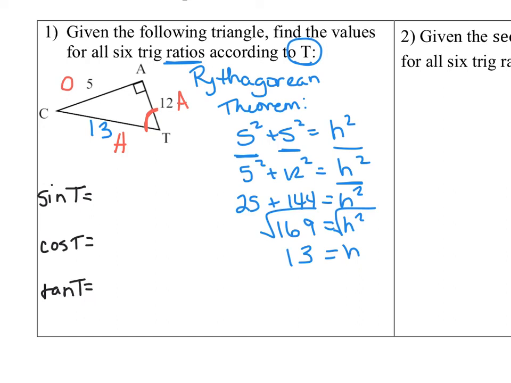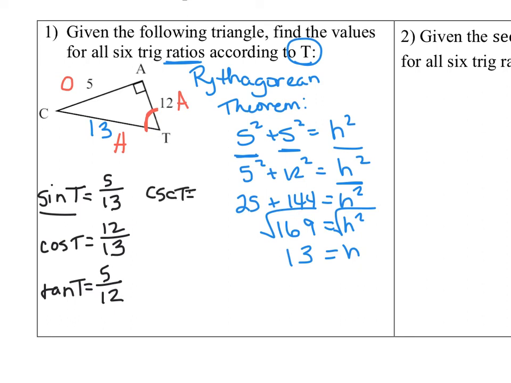So the sine of t is opposite over hypotenuse. The cosine is adjacent over hypotenuse, and tangent is opposite over adjacent. Pretty sure I'm right. Okay, so I know the sine of t, so then I can do the cosecant of t. Just flip it.